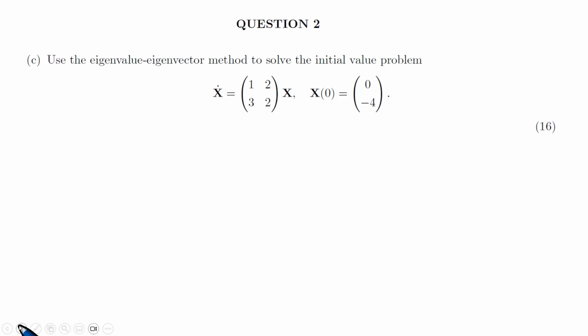Okay, let's get to it. Using the eigenvector method to solve this problem, we first find the eigenvalue and then the eigenvector.